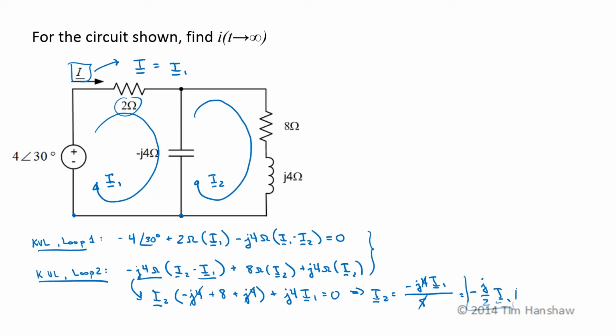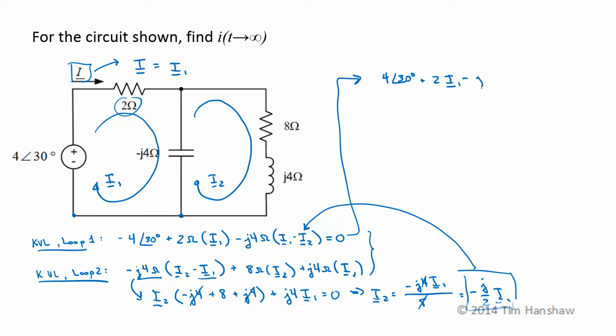Now we can plug this in for I2 in this first equation. So minus 4 at an angle of 30 degrees plus 2 I1 minus J4 times I1 minus a minus J over 2 I1 is equal to 0.